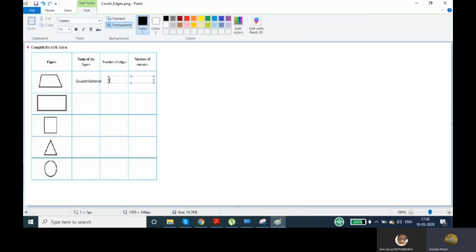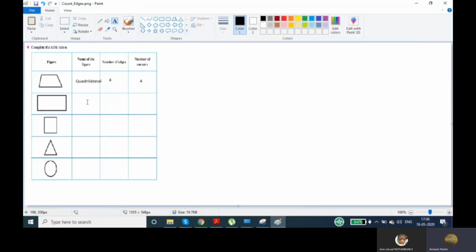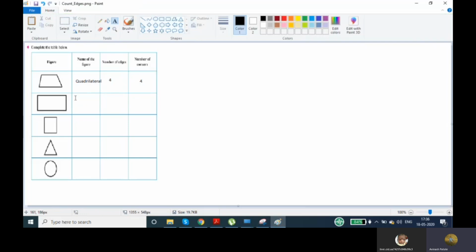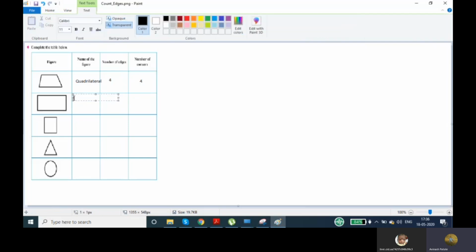So we count 1, 2, 3, 4, and we see there are 4 edges. Now let us count the corners. 1, 2, 3, 4. So there are 4 corners. Let's go further to the next shape. What shape is it? What do you see? It's a rectangle.